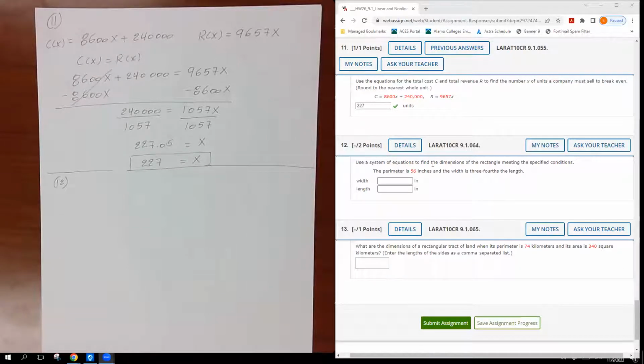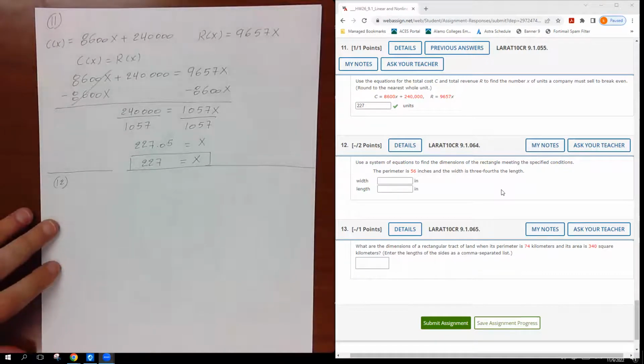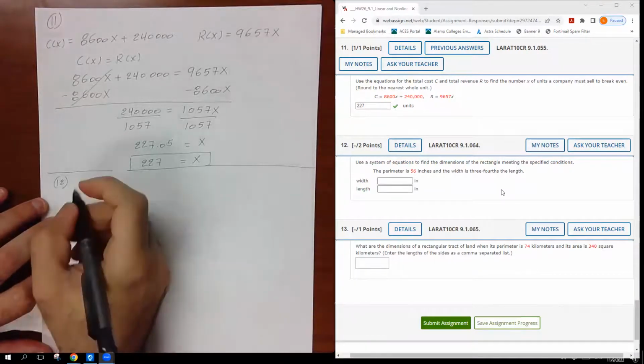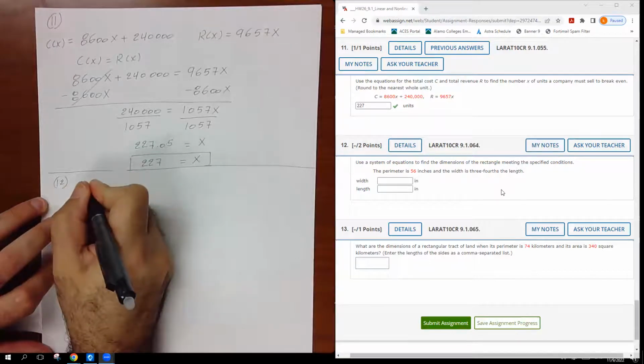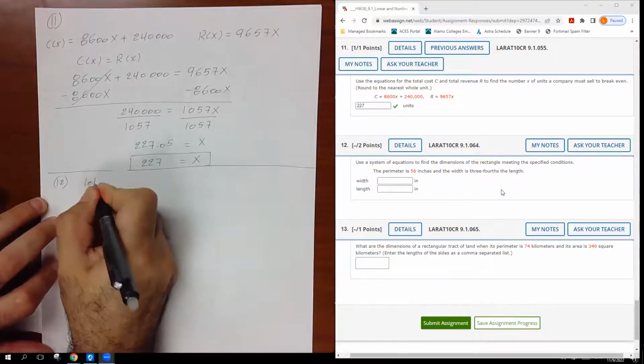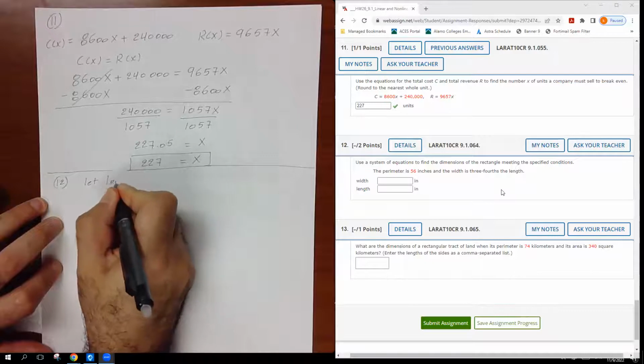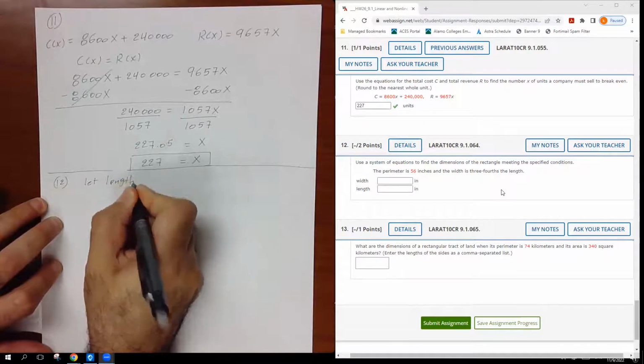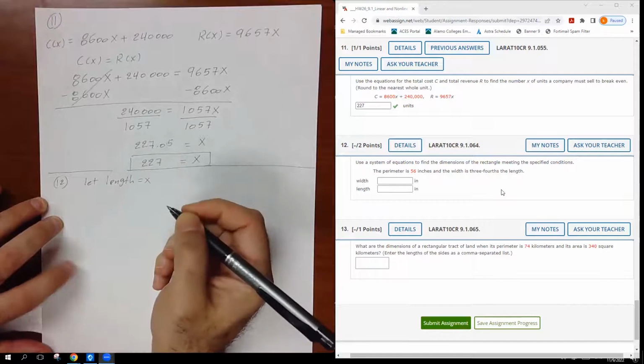Use the system of equations to find the dimensions of the rectangle meeting these conditions. The perimeter is 56 inches and the width is 3/4 the length. So let's check how we're going to solve this one. First, let the length equal x.